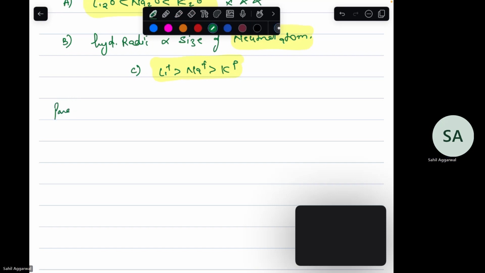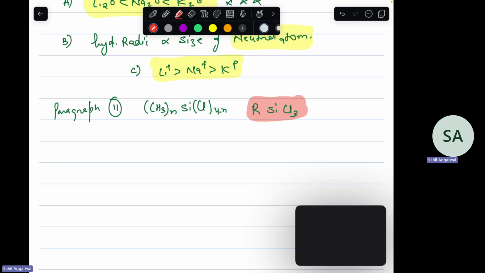Paragraph 2. Find the n value for which CH3 whole n SiCl whole 4 minus n on hydrolysis followed by polymerization gives a cross-linked silicone. For cross-linked silicone, we want this kind of compound.